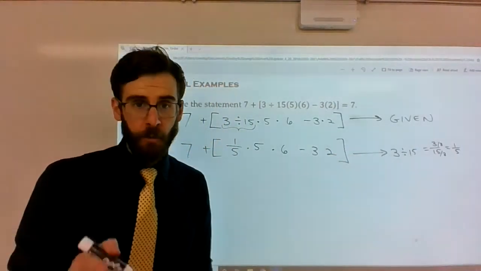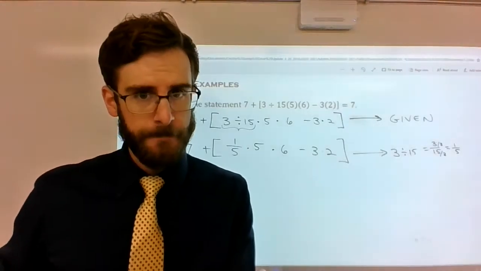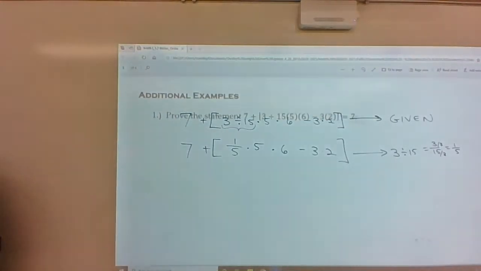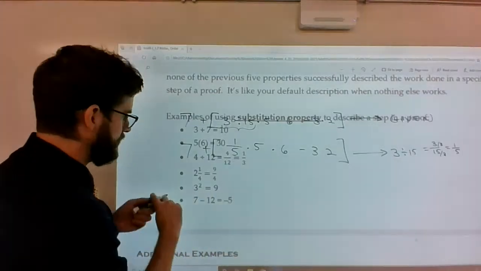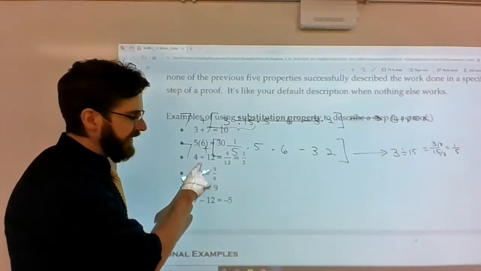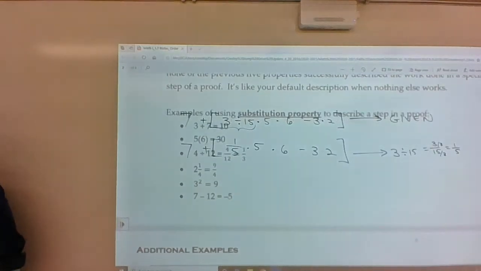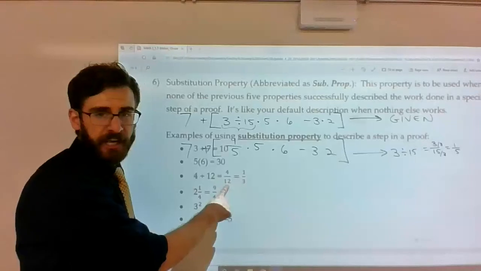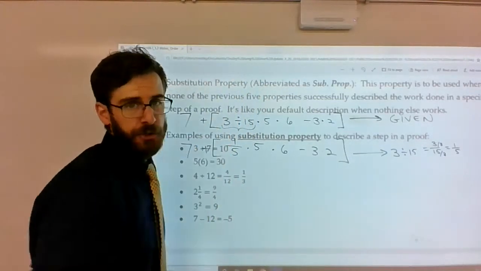And the property for that, if you go and look up at the note sheet, if you check out that property list, it is very clear that if you take division and turn it into a fraction and reduce it, you are under the umbrella of the substitution property.